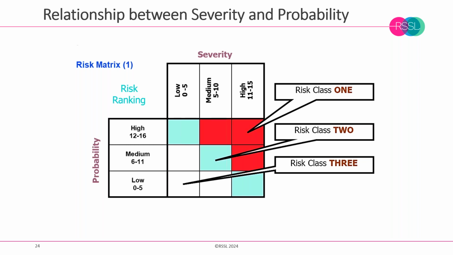Risk class 3, which is represented by the white squares, is low severity and low probability, and then in the middle are the intermediate events as represented by the pale blue squares.